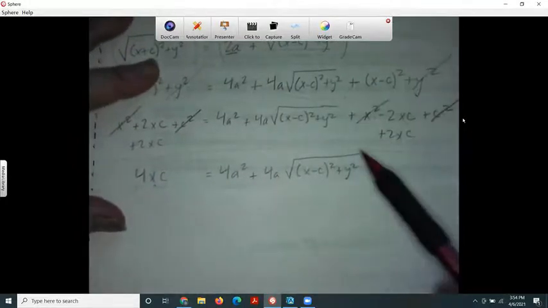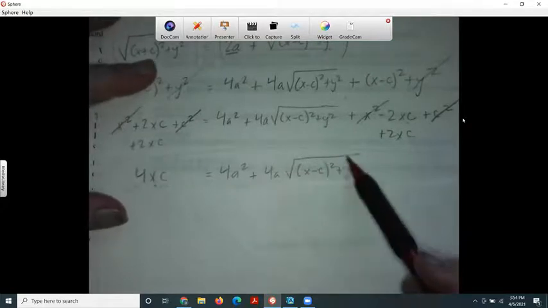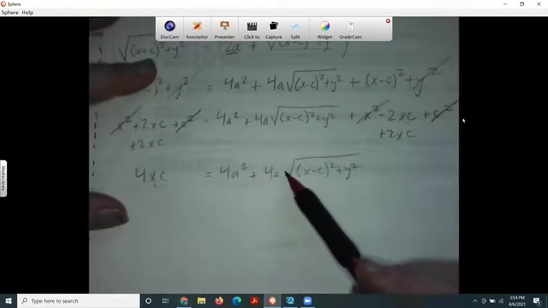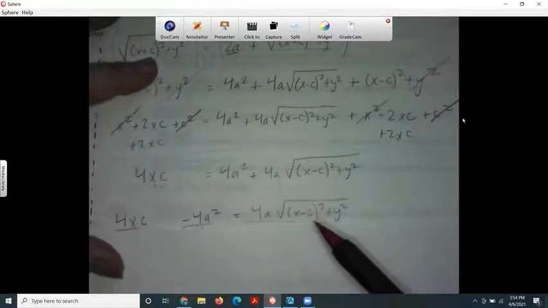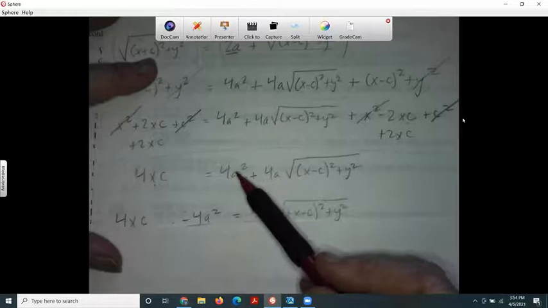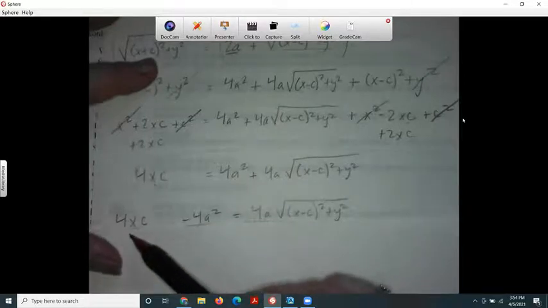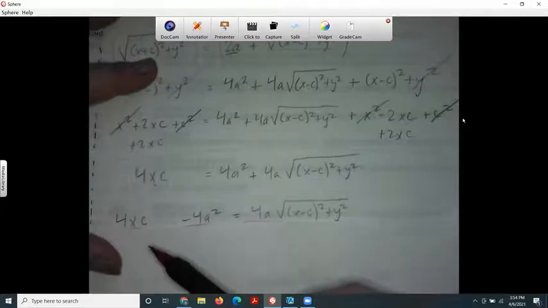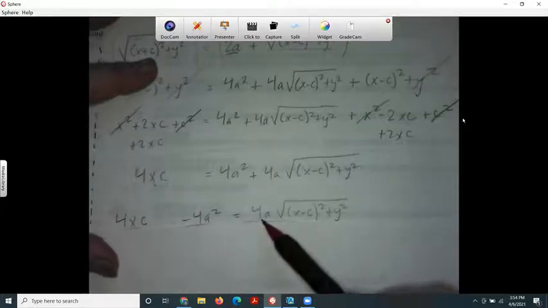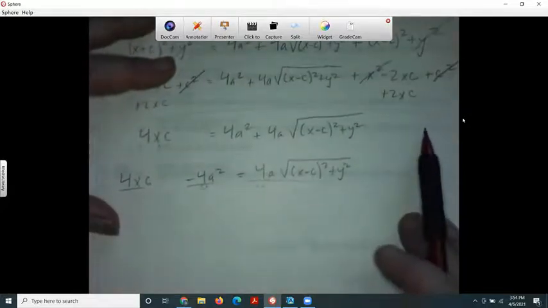So I need to get this radical by itself as much as I can before I square both sides. So I think I subtracted the 4a squared on this side. And then I notice I have a 4 and a 4 and a 4. So I just divided out that 4 because I don't really want to square that, because then I'm going to have 16s and it's going to be messier. So I showed that I divided it out.